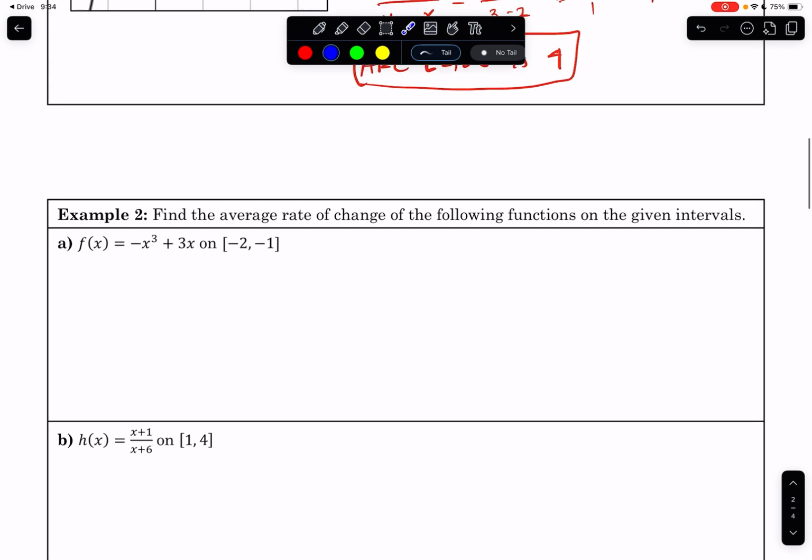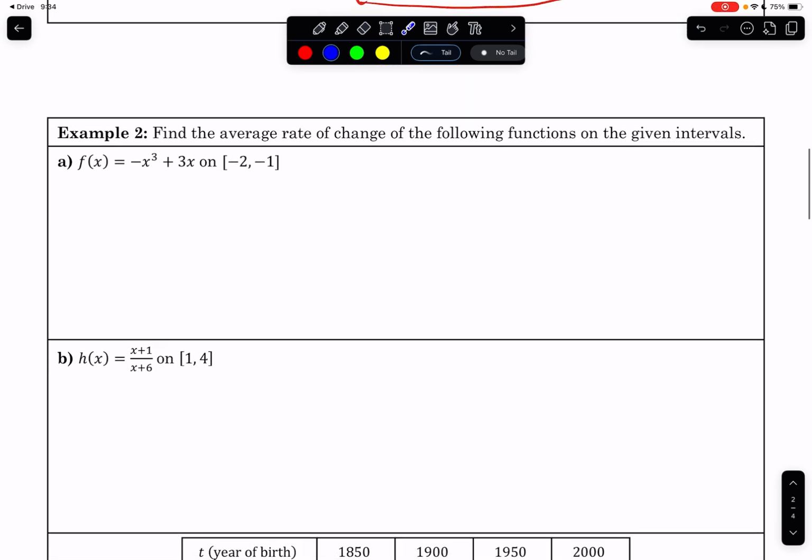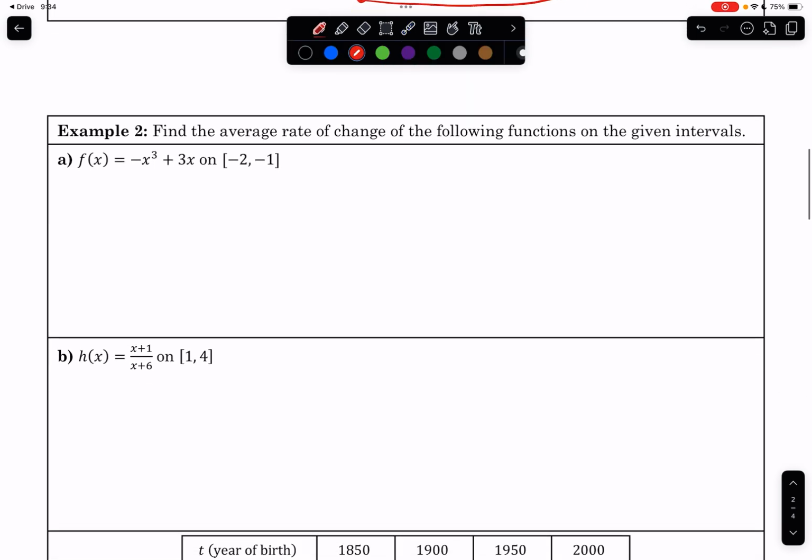Let's say we're given a function and we want to figure out the average rate of change of this function. Well, again, I need to use the same formula: y2 minus y1 over x2 minus x1. And I'm given the interval of -2 to -1. So I know that this is going to be my x1, and this right here is going to be my x2.